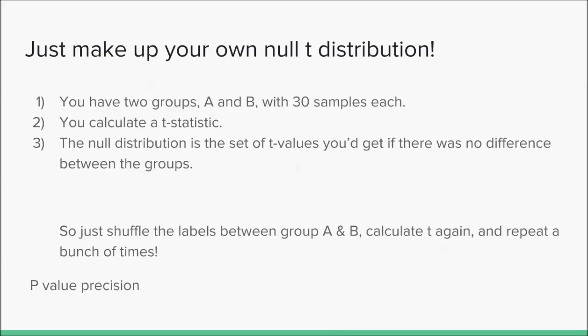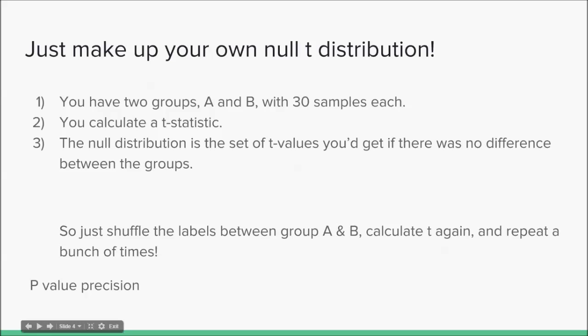So if you did your shuffling many, many times, you're going to eventually reach an asymptote with the number of iterations you get. So if you did 50 iterations, you're not going to get a very accurate null distribution. If you did 1,000 iterations, you would probably be pretty accurate having 30 samples each. But let's say you had 500 samples. You would need to continue shuffling for many, many more iterations.